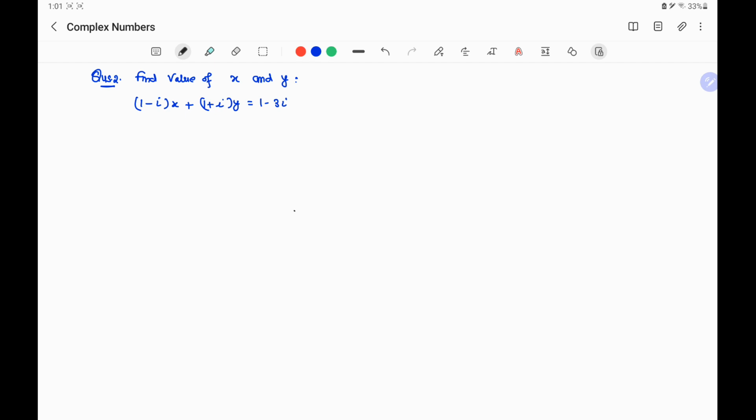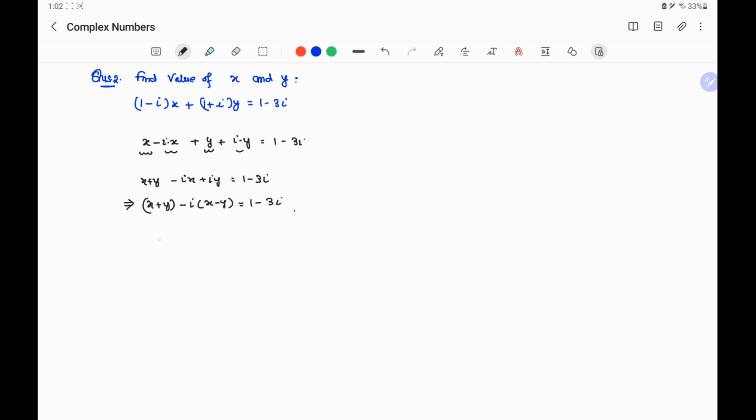So simplifying the expression, we will have x minus i into x plus y plus i into y, that is equal to 1 minus 3i. Now we first take the real parts, this is x plus y, and then the imaginary part minus ix plus iy equal to 1 minus 3i, or we can write it as x plus y, and taking i common, it will be x minus y, that is equal to 1 minus 3i.